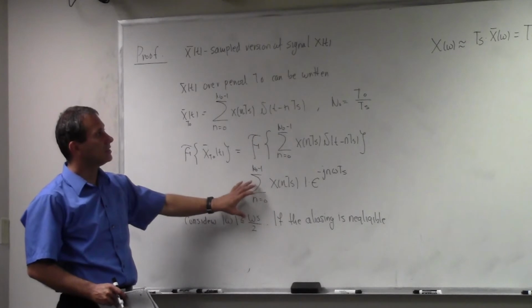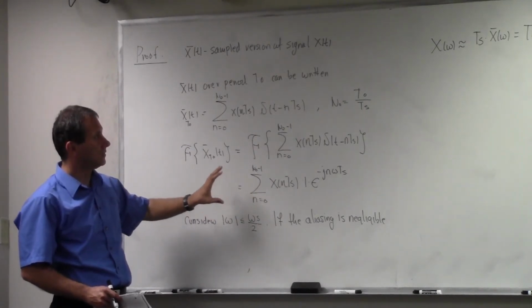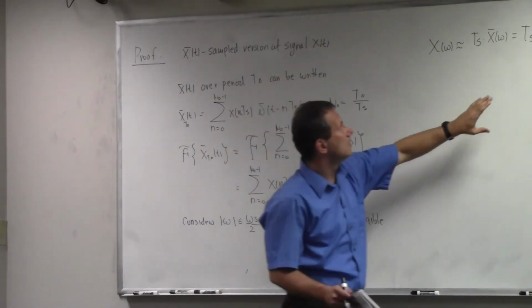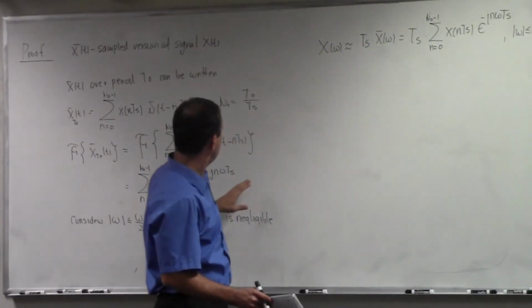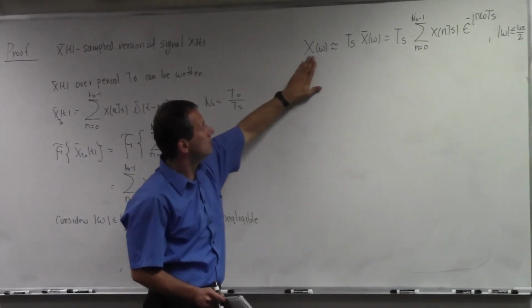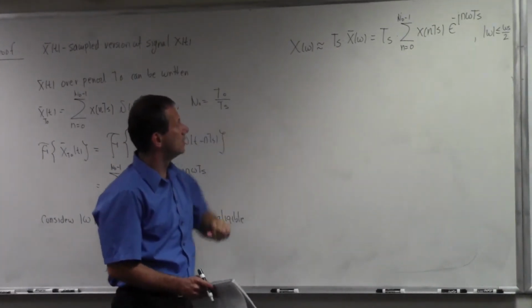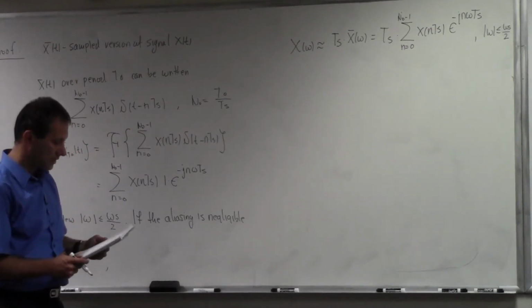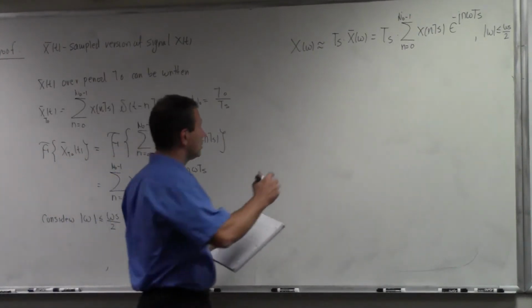So there may be some aliasing, but if there is not much aliasing, we can say over one period, this Fourier transform of the sample signal is essentially the same as the Fourier transform of the signal itself.